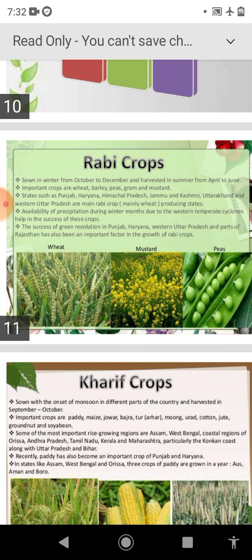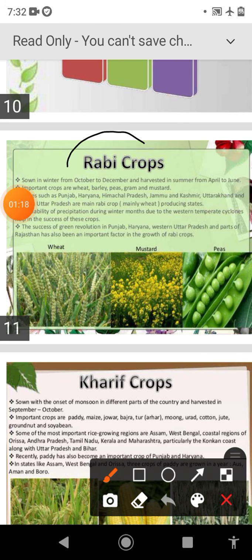So with regard to the Rabi crops, this Rabi season is known as the winter cropping season and starts in October and November, and crops are harvested in the beginning of summer.